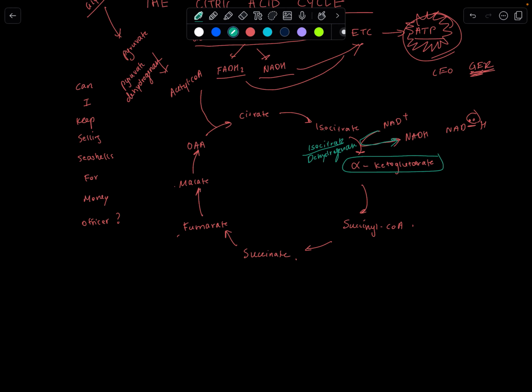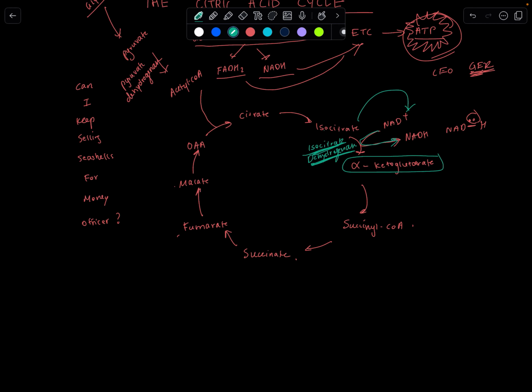So isocitrate dehydrogenase. And the word dehydrogenase also makes sense because we are giving a hydrogen to NAD plus in order to form NADH.